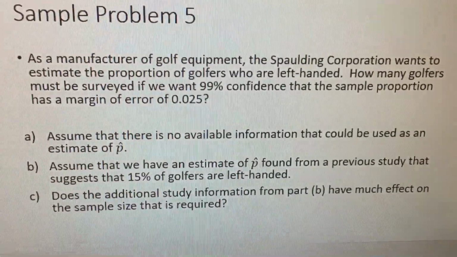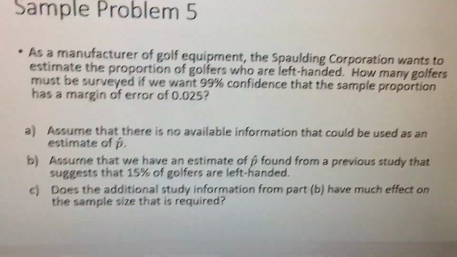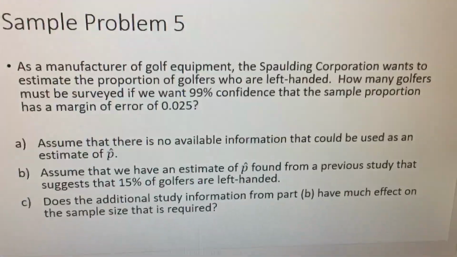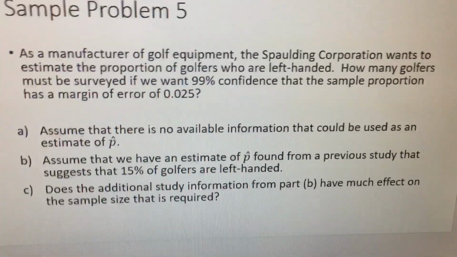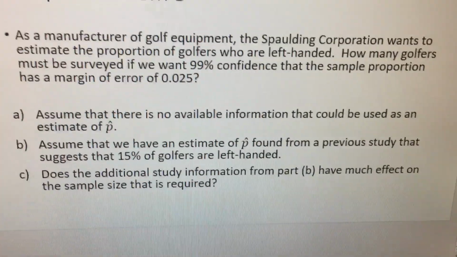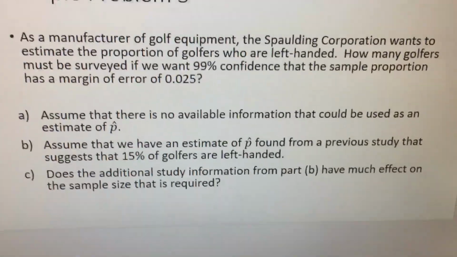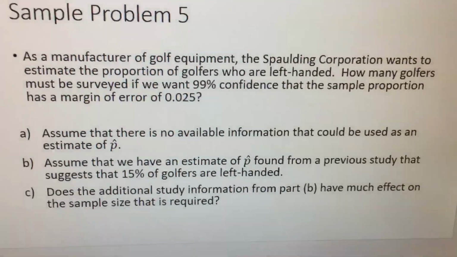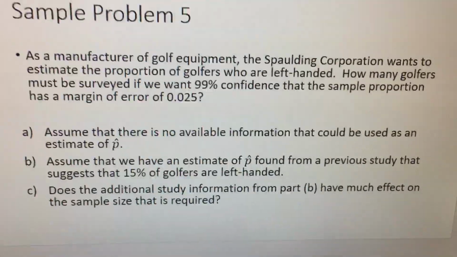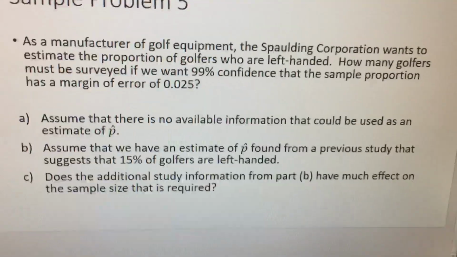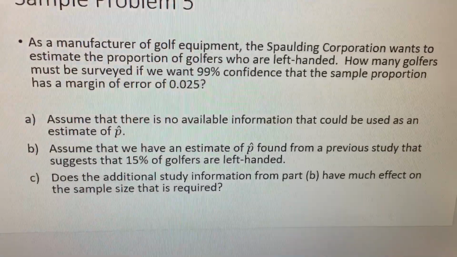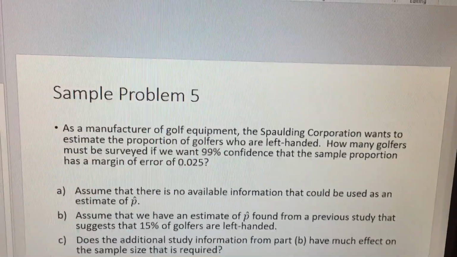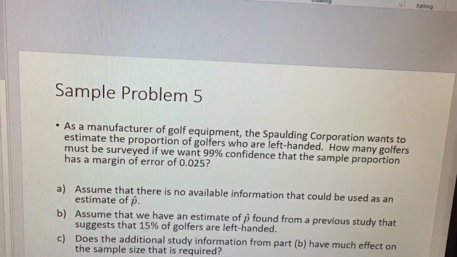And this is probably similar to problem number 4. In part A, you're assuming that there is no available information that could be used as an estimate of p hat. In part B, we assume that we have an estimate of p hat found from a previous study that suggests that 15% of golfers are left-handed. And part C, does the additional study information from part B have much effect on the sample size that is required? Okay.